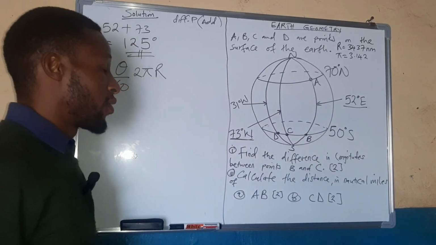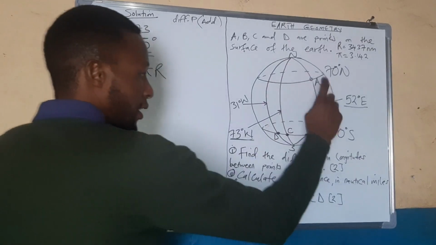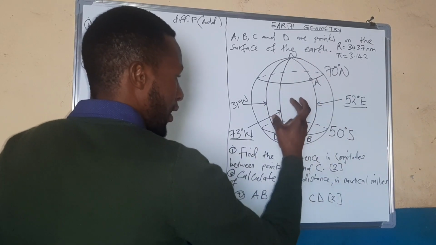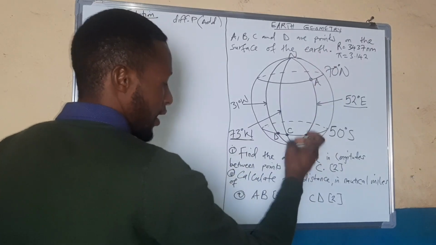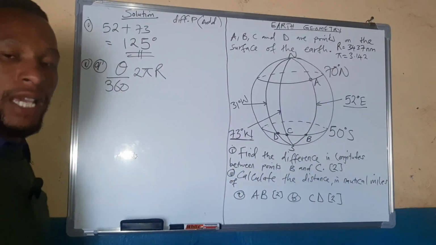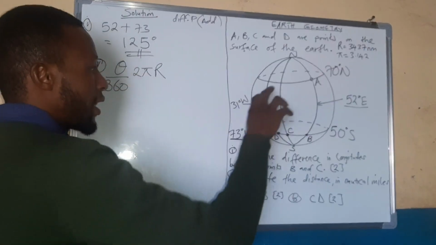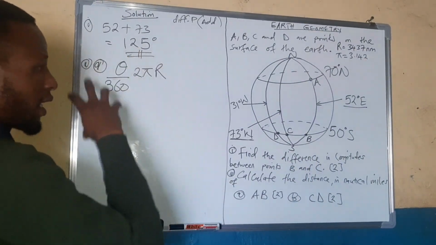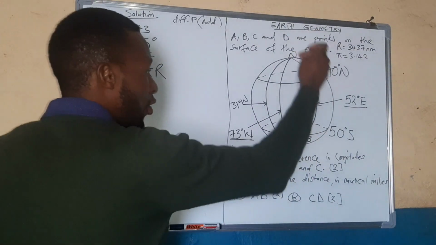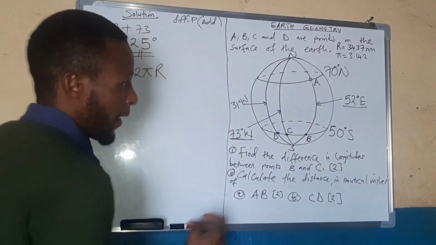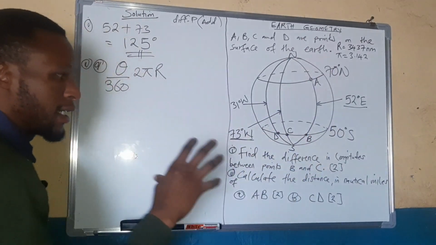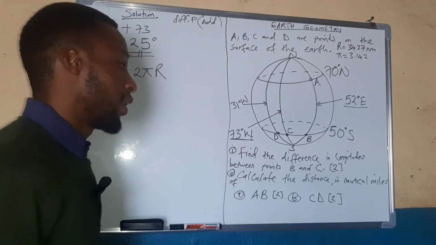When we say great circles, we simply mean their radius is from the center of the earth. The radius of these longitudes is the same as the radius of the earth, and that is why they are called great circles. This is the formula when you're calculating distance along the longitudes, where A and B are seated on the same longitude.